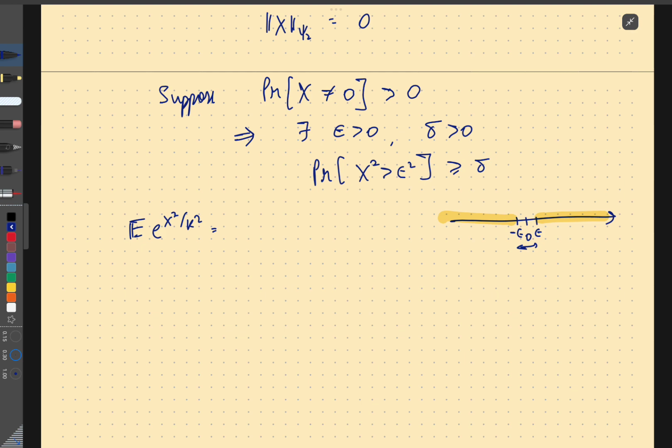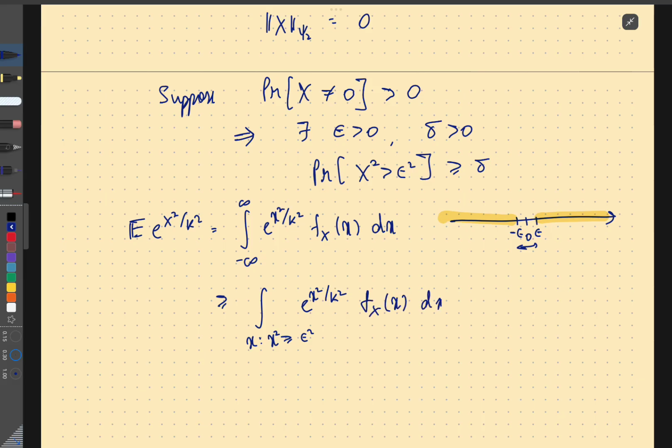If it's a continuous random variable, then this is the integral from minus infinity to plus infinity of e power x square by k square times fx of x dx, which is greater than or equal to the integral over x such that x square is greater than or equal to epsilon square of e power x square by k square fx of x dx.